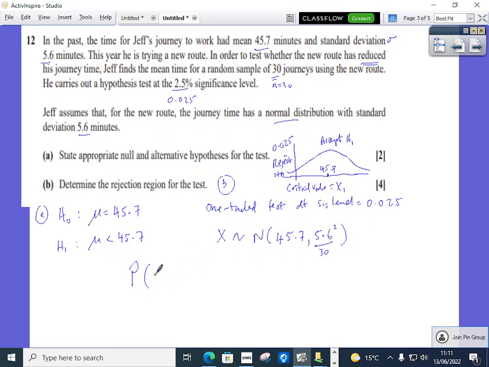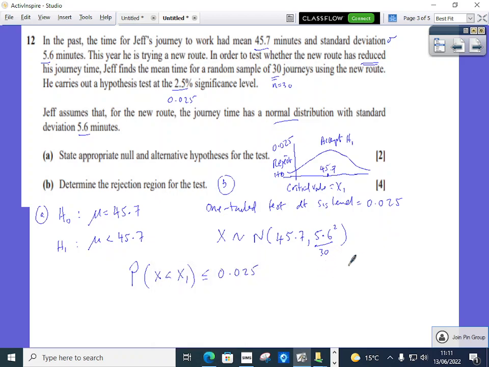So we want to find when x is less than x1, which will give us a probability of 0.025, or less than, you can put it. So we want to find that value, which is going to give you a probability less than or equal to that. Just what we did earlier on in one of the questions.